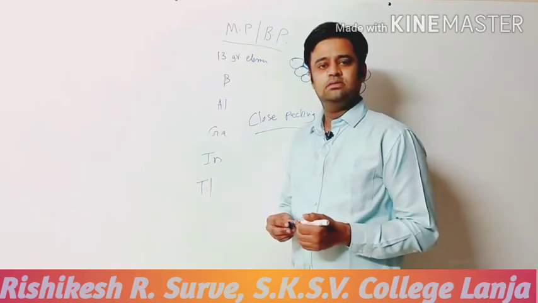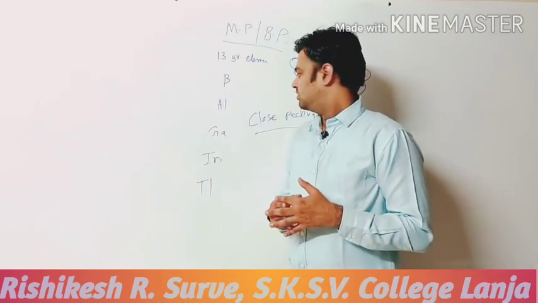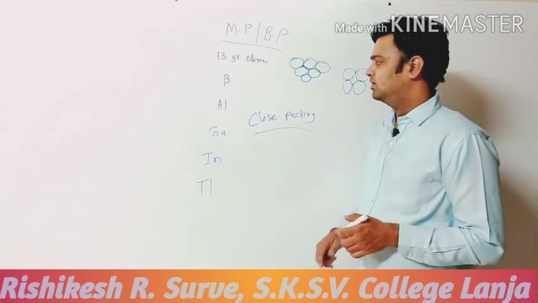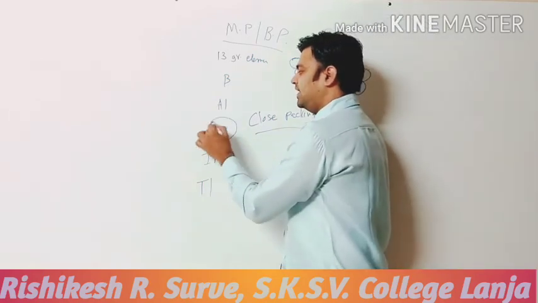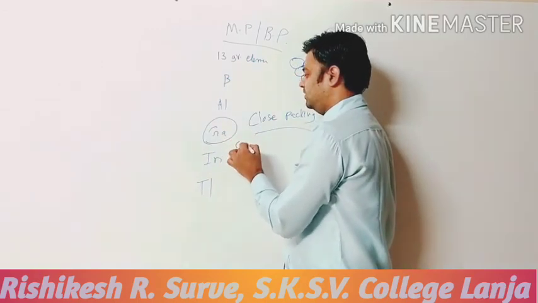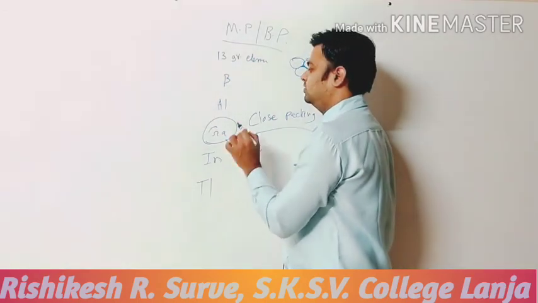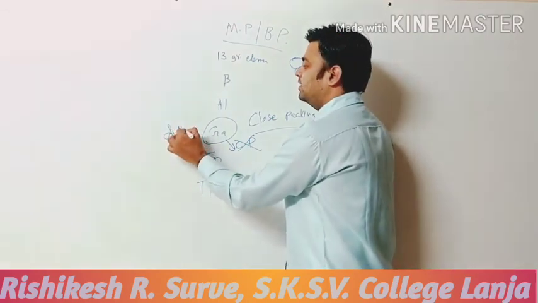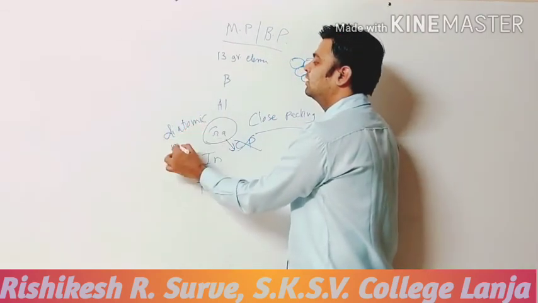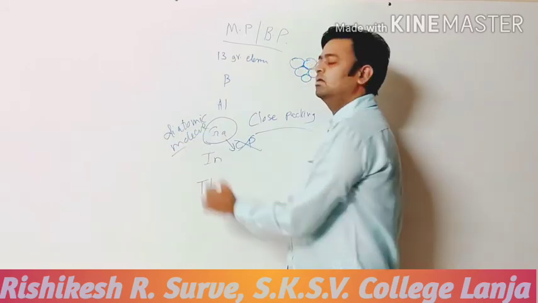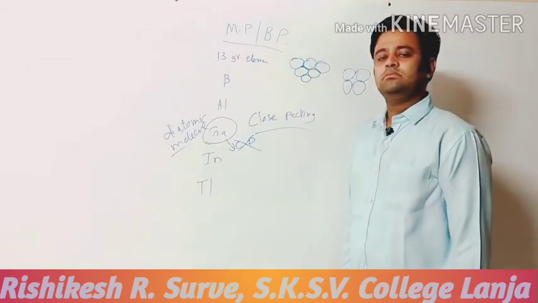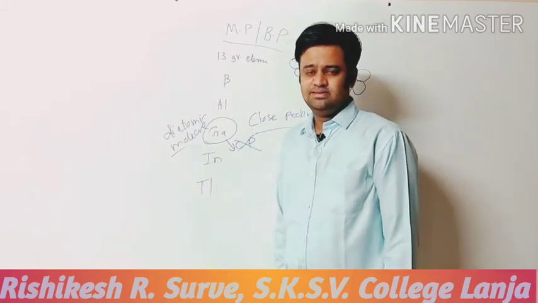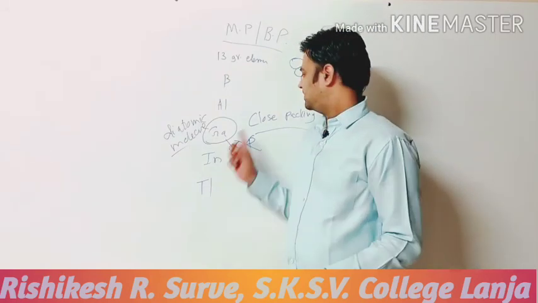And hence they show close packing. But gallium does not show close packing. Rather, it forms a diatomic molecule. And hence, since it is diatomic, no packing structure is observed.